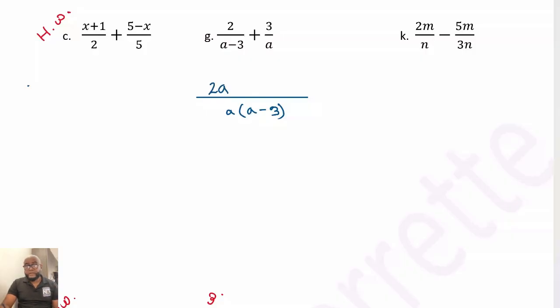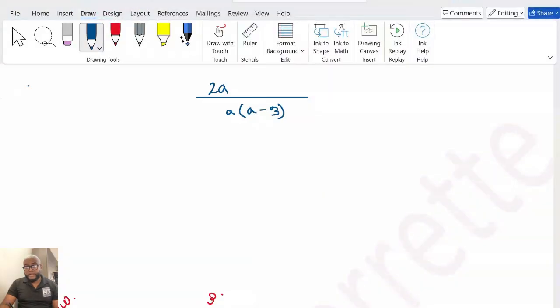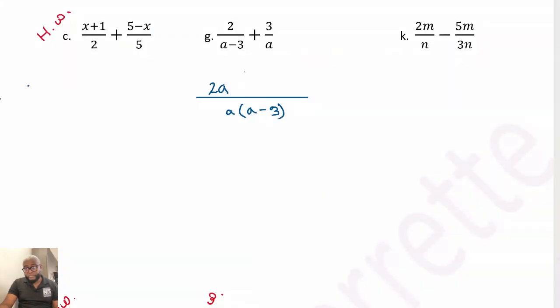Talk to me. Everybody good there? Yeah. Bring down the plus sign. A into this entire thing, the A's would cancel, not the A in the bracket. Then you take A minus 3 and multiply it by 3. So we have 3 by A minus 3. Raise your hand if you got this step. Nice.